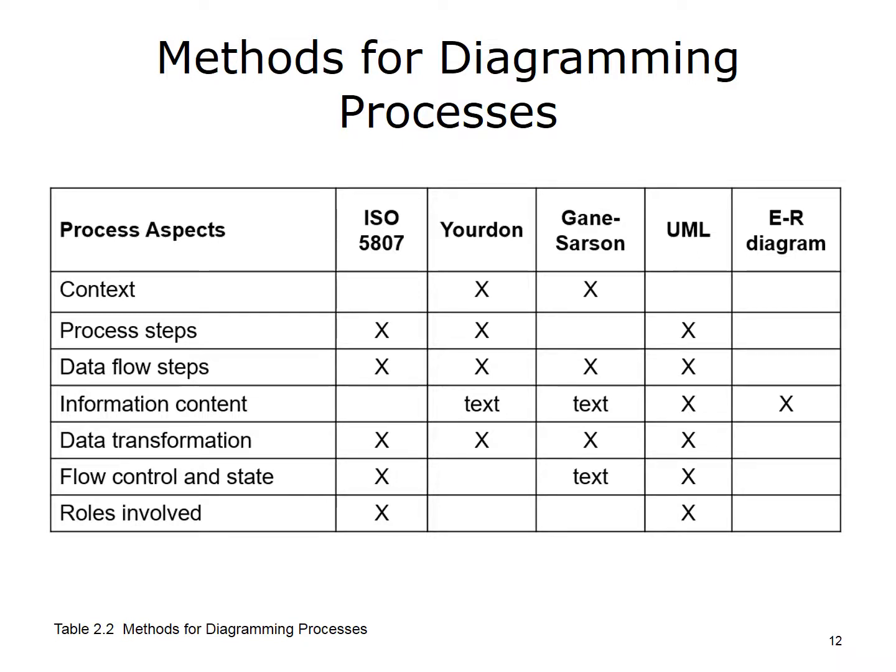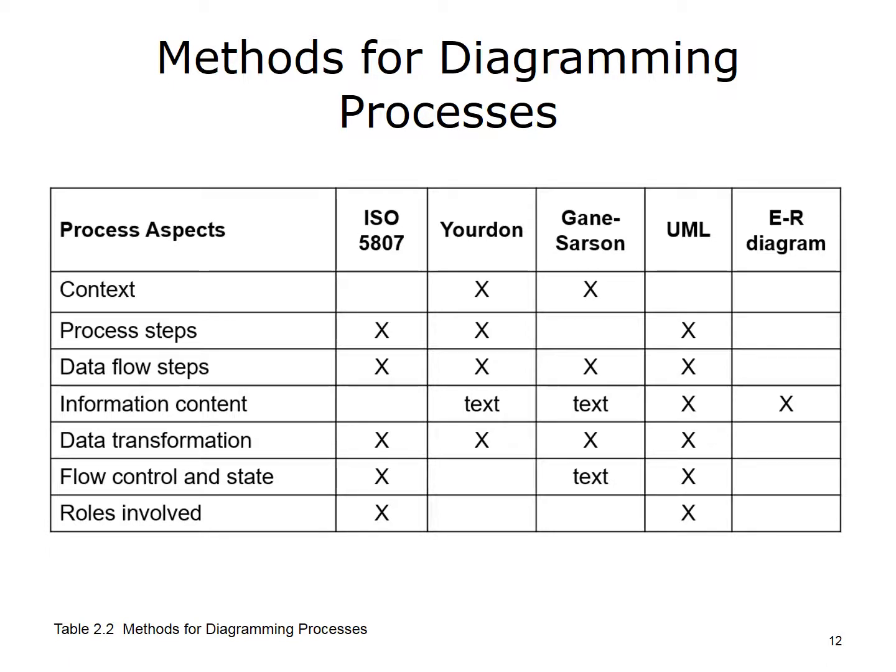Unit 3 covers 5 notations that are commonly used to diagram processes: ISO 5807, Jordan, Gaines-Sarson, UML, and ER diagrams. ISO 5807 can be used to represent process steps and their sequence and control, as well as information transformation and roles involved in the process.